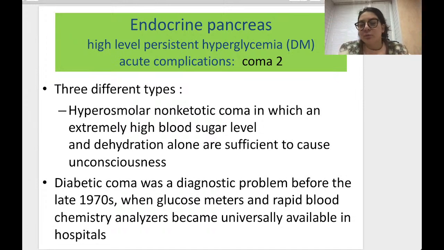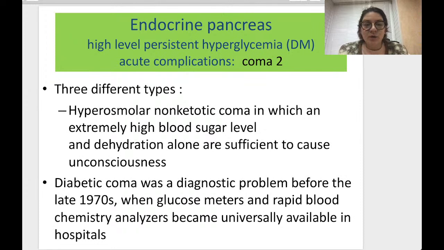There is possibly one more very specific type. Fortunately, it is very rare, but it is very severe. We name it lactic acidotic coma. Those who are interested in the topic, you can read what that is.